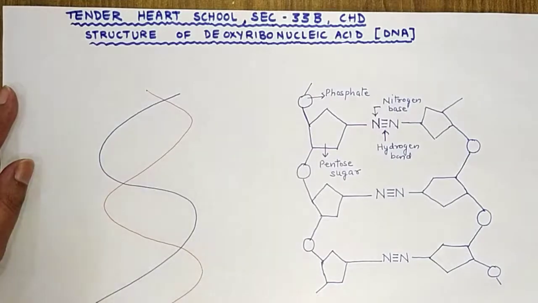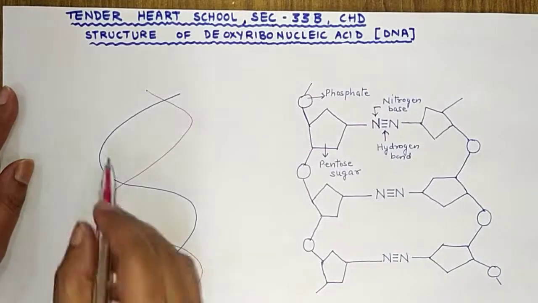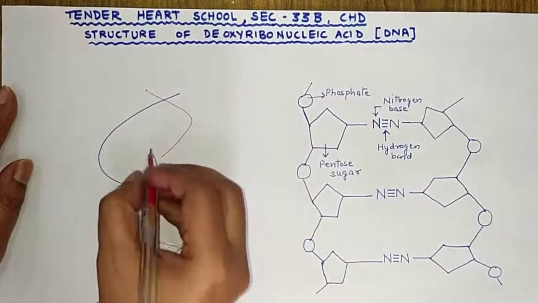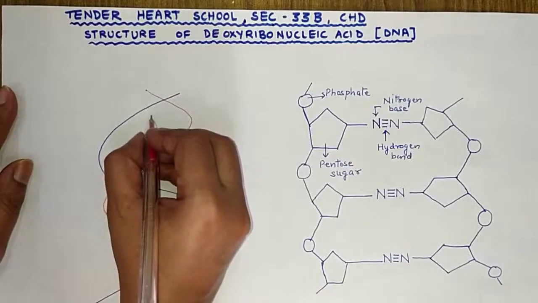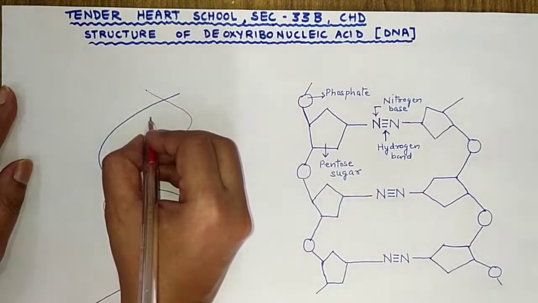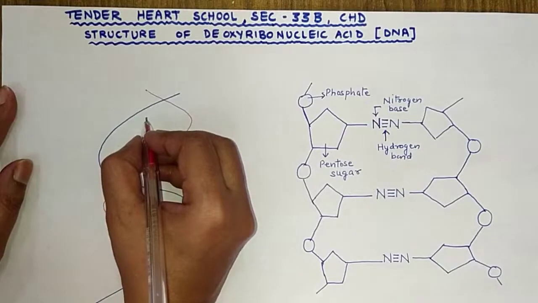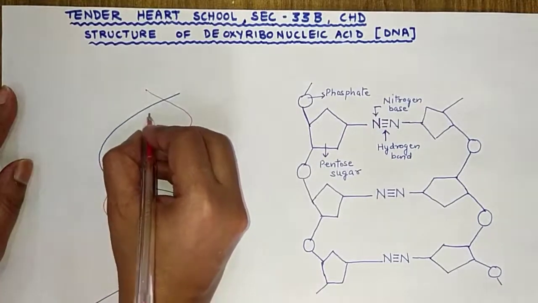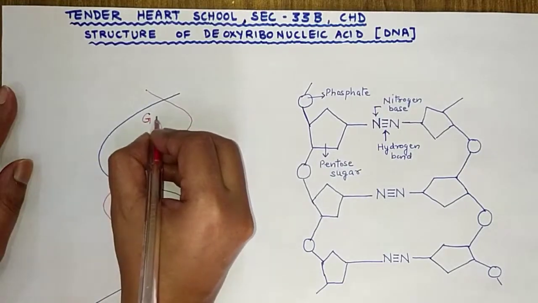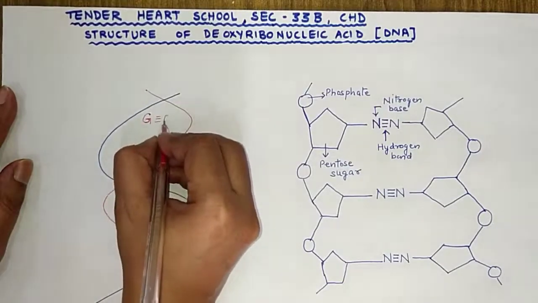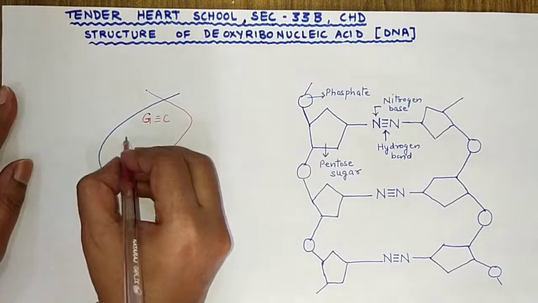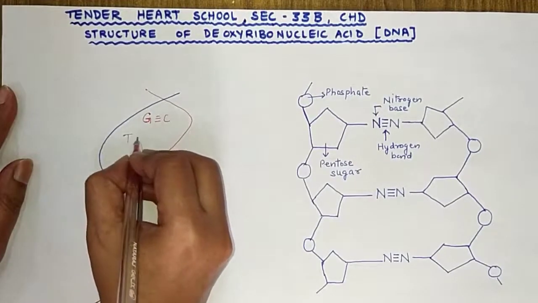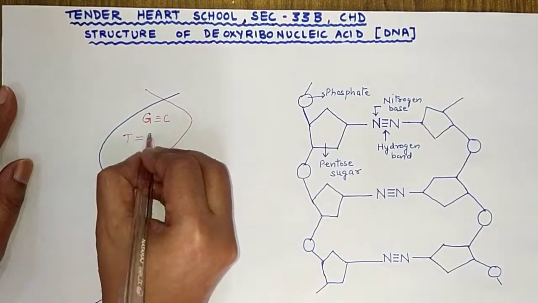So this kind of structure is formed, and in between the two strands we have the nitrogen bases. So we can write four kinds of nitrogen bases I told you: cytosine, guanine, adenine and thymine. So guanine makes pair with cytosine, and thymine makes pair with adenine.